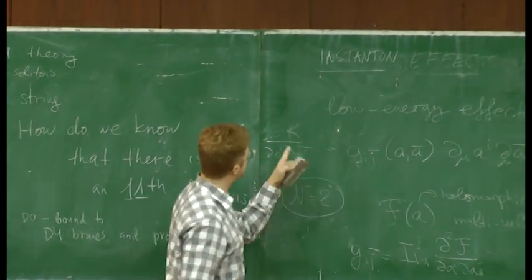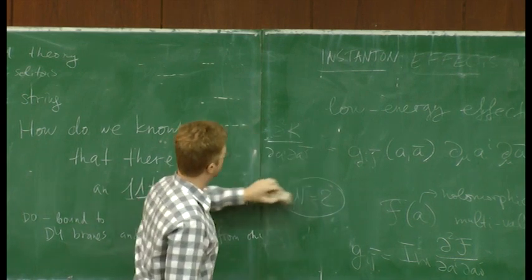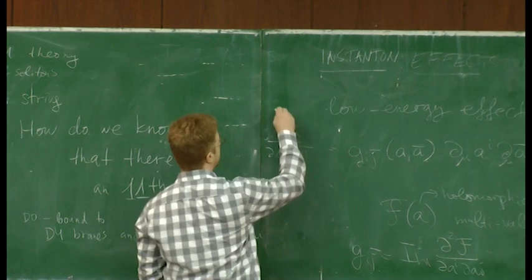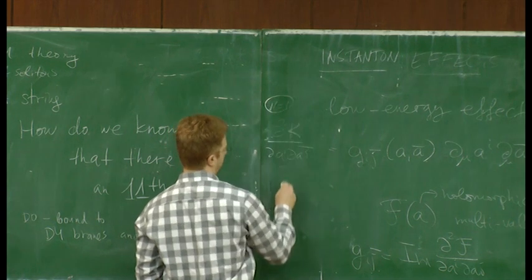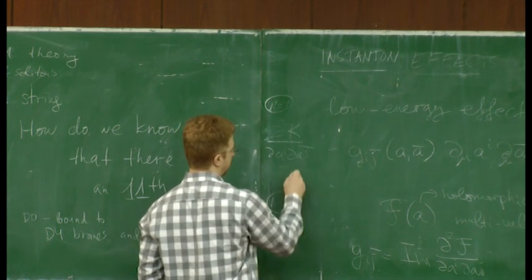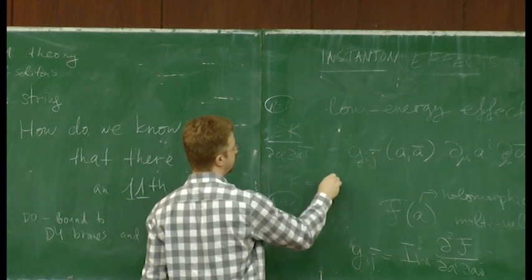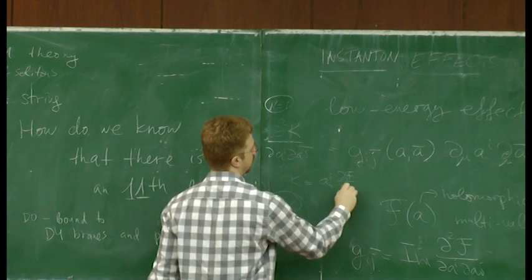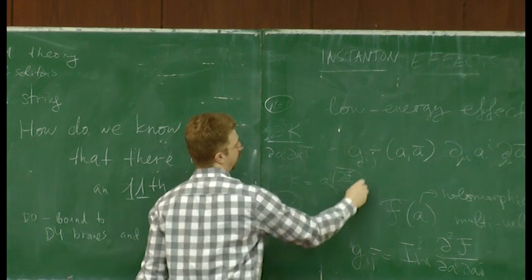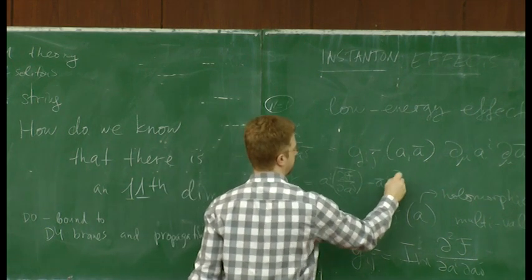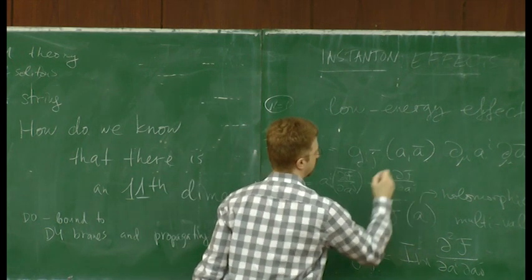And then N=2 supersymmetry tells us that this function K, so this is N=1, and N=2 says that K is more special than you could suspect, that it has a structure of that type.